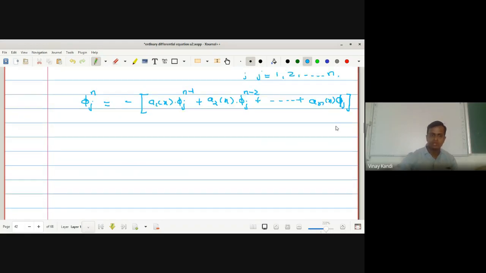So, where j is running from 1 up to n, the nth derivative of phi j is nothing but minus sign of summation i running from 1 to n, ai of x into phi j raised to n minus i. Is it correct? J running from 1 up to n. Is it correct?